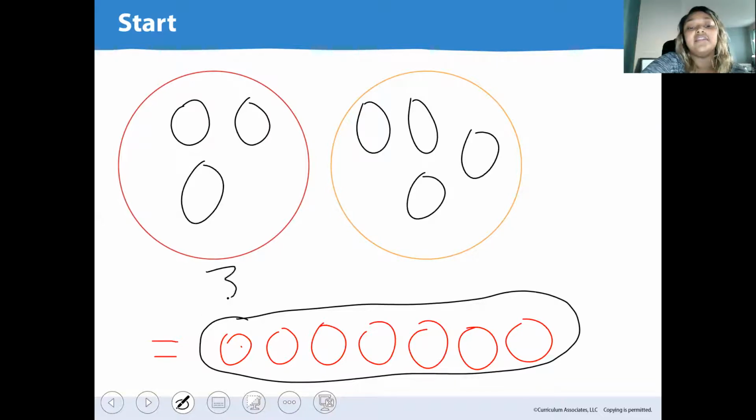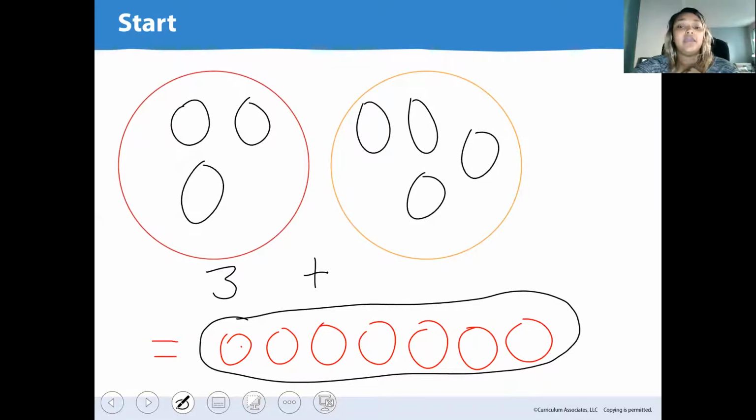So now we can say, Brandon had 3 balls, and so our and is going to be our plus sign. This lets us know that we're putting them together. So Brandon has 3 balls, and let me choose another friend. I picked a boy, so I'm going to pick a girl.